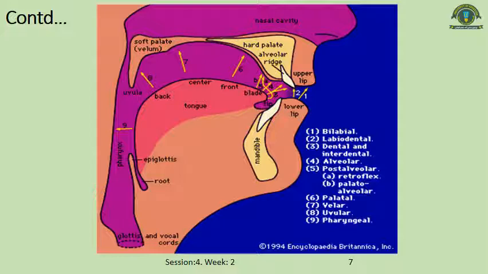So the air comes from the lungs and then, passing certain stages, it is released either through our mouth or maybe the nostrils, depending on what kind of speech sound we are producing. And I told you there are only three nasal sounds, m, n, ng. Otherwise, all the sounds are produced through the mouth. So you must remember this diagram while understanding the speech organs. Okay?